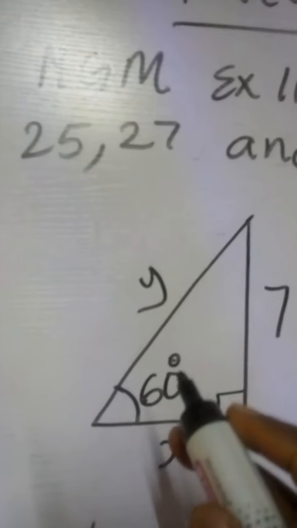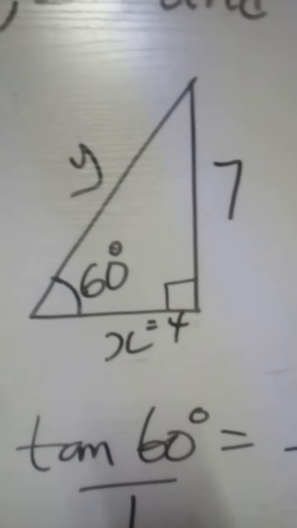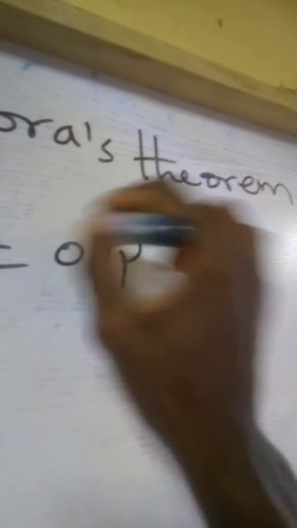Then I need to find my y. Bear in mind what is called Pythagoras theorem. It states that hypotenuse square equals opposite square plus adjacent square.